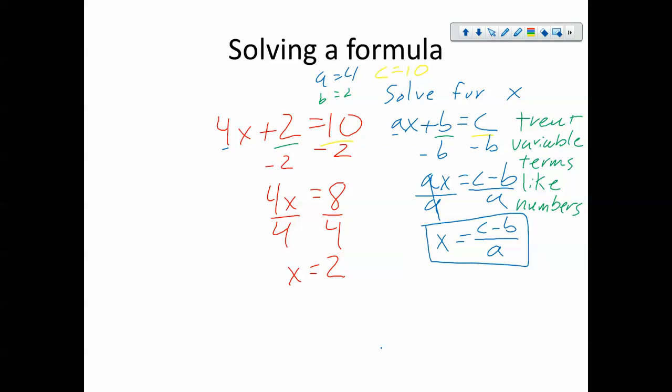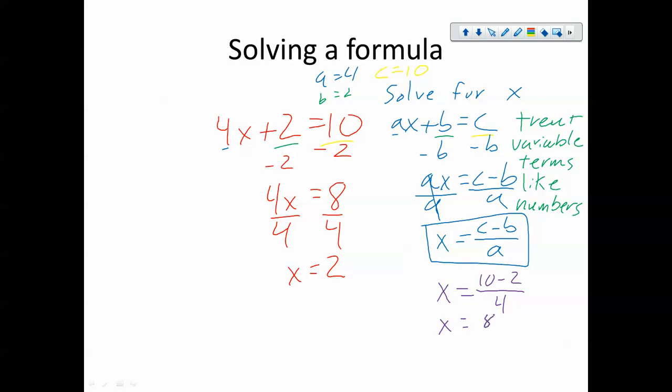And what you might notice is that if you were to take these three numbers, the a, the b, and the c that we had earlier, and we were to just plug those in over here, right? Like let's take those numbers. X equals the c, which is 10, and the b, which is 2, divided by the a, which is 4.